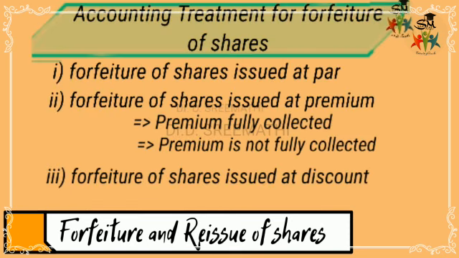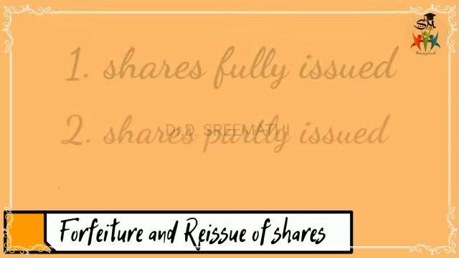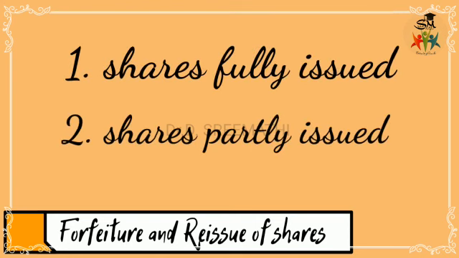Here the reissue may be fully paid or partly paid, and all the forfeited shares can be reissued at the same time, or they may be reissued in part. So we are going to see both cases, that is, when all the forfeited shares are reissued and when only a part of the forfeited shares are reissued.